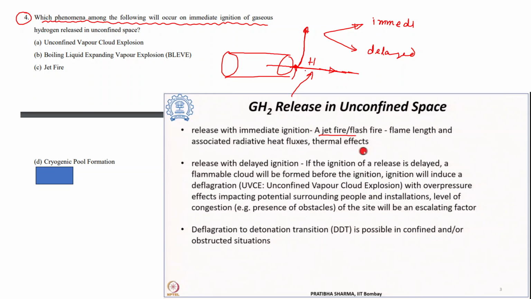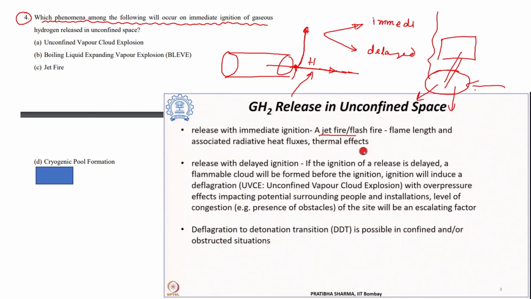But in delayed ignition, suppose this is your tank and the hydrogen gas is releasing. After releasing, the hydrogen gas will go upward, and the concentration will be very low.